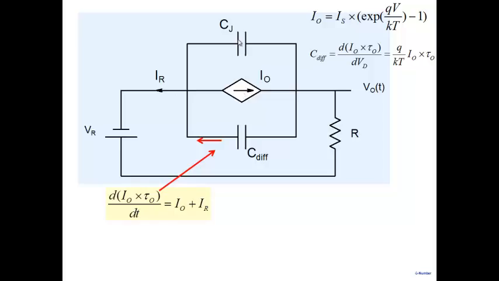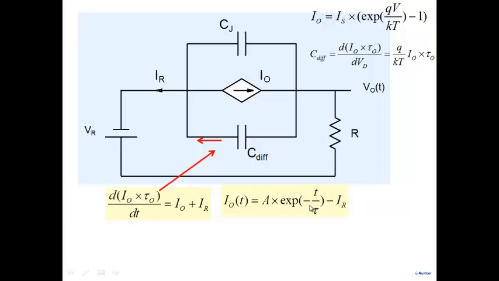And we are neglecting this in the initial process here. So dQ by dt is I0 plus IR, and dQ is nothing but I0 times tau 0. This then gives me I0(t) equal to A exponent minus t by tau, minus IR. I'm now doing a more precise calculation and taking that into account.